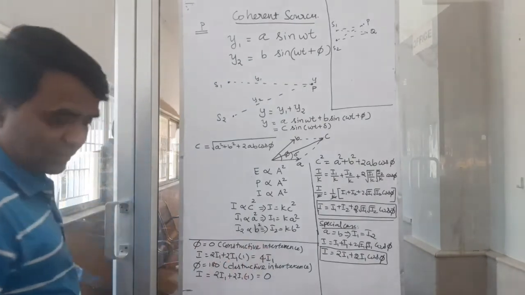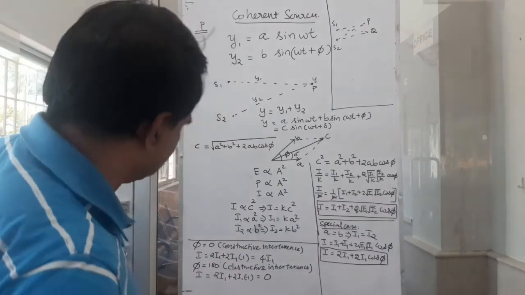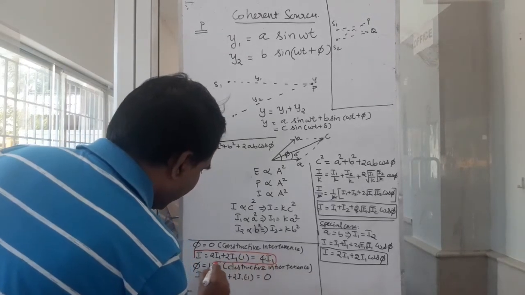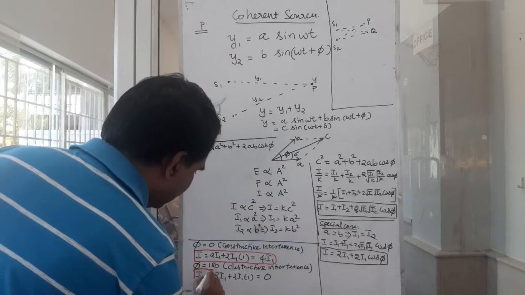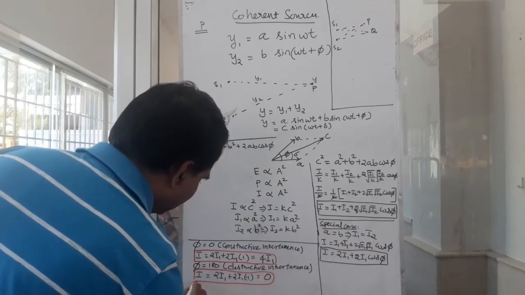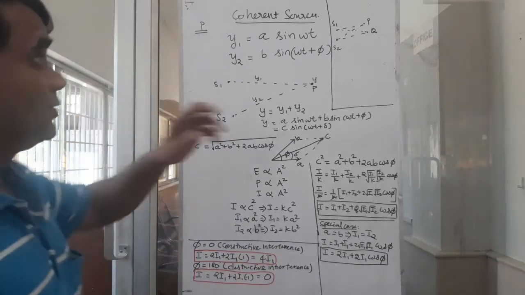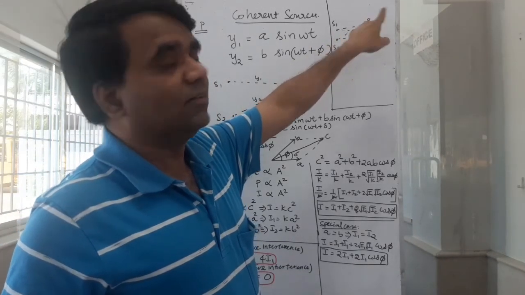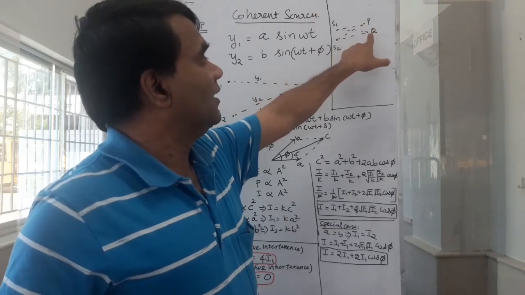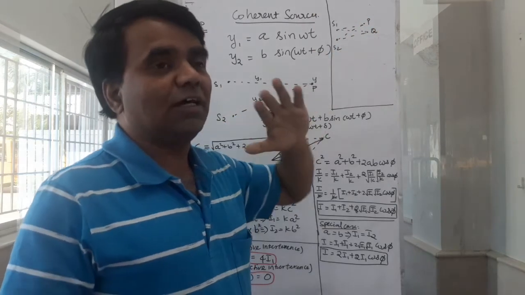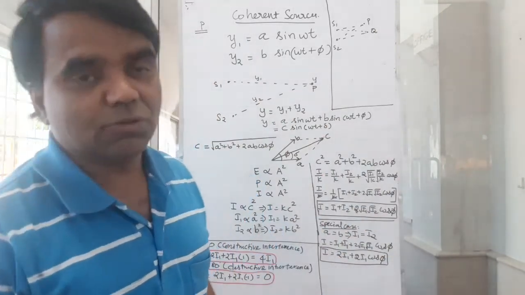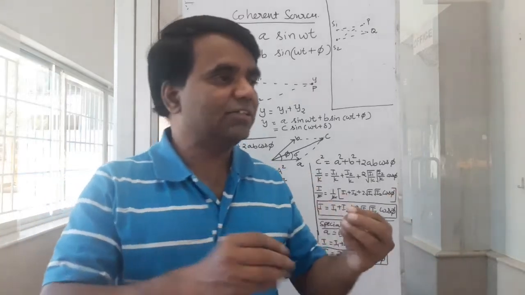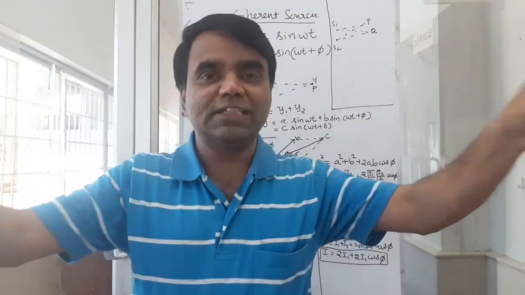So for constructive interference, you have this equation, I is this, and then for destructive interference, you have I is 0. So this point will be bright, really bright. It will be much brighter than the average, and this would be dark. So you'll have a bright point and also a dark point. So there is a redistribution. Otherwise, what should happen? Take the energy, give it to all points equally.